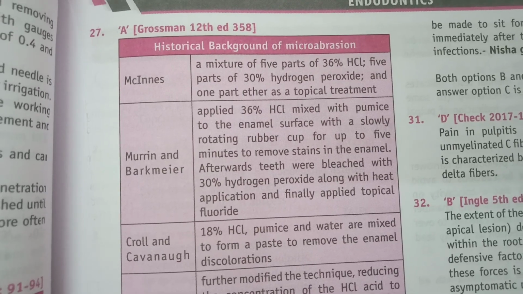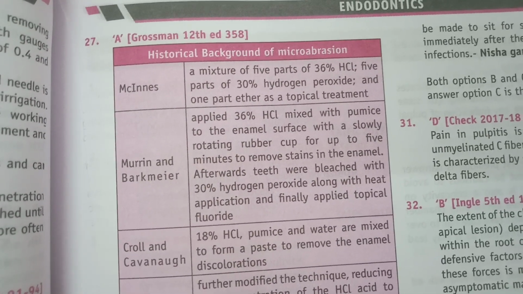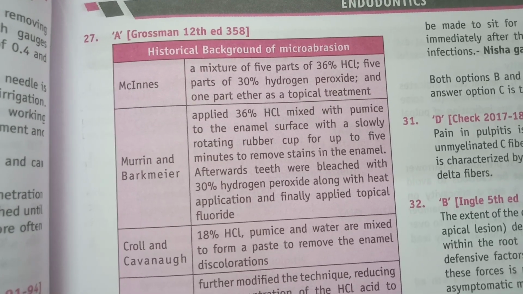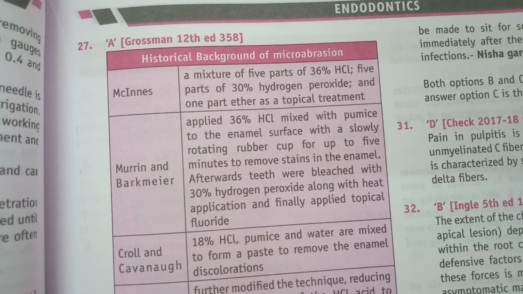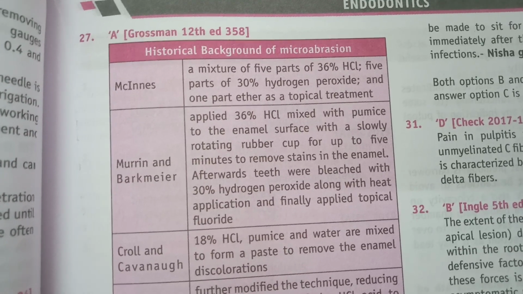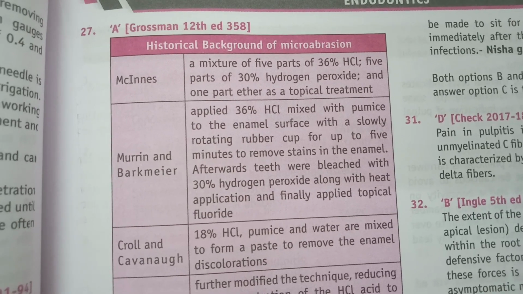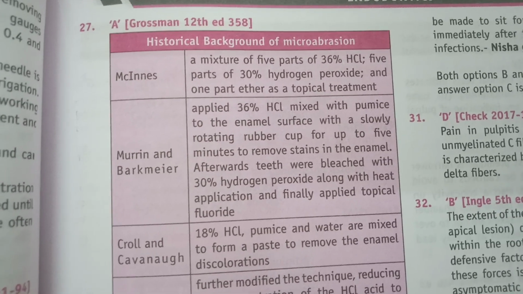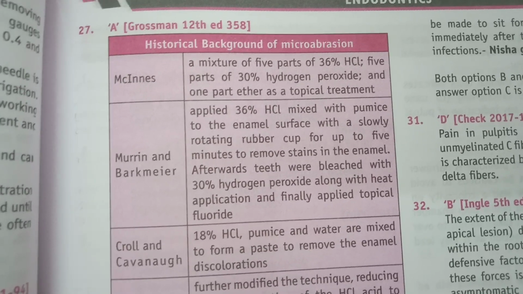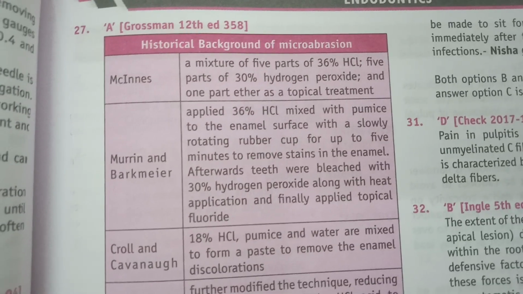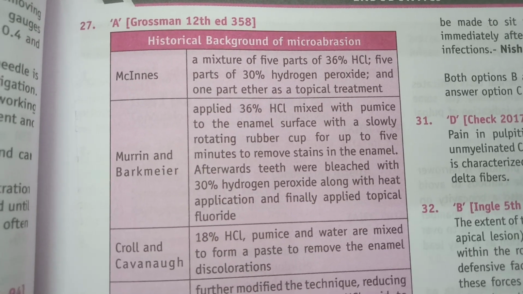McKay's, a mixture of 5 parts of 36% HCl, 5 parts of 30% hydrogen peroxide and 1 part ether as a topical treatment. Morin and Berkmeyer applied 36% HCl just like McKay's with pumice to the enamel surface with a slowly rotating rubber cup for up to 5 minutes to remove stains in the enamel.